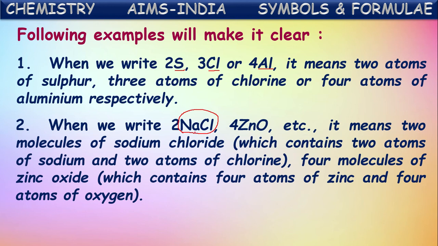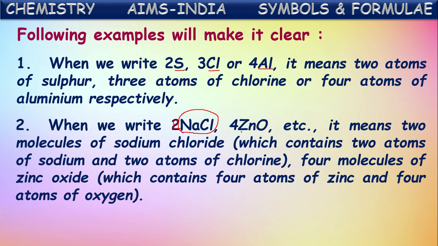Now we can say this is the chemical formula of sodium chloride. Before the formula of sodium chloride, 2 is written. This 2 represents two molecules of sodium chloride. Okay, and from this you can also say the total number of atoms: 2 atoms of sodium and 2 atoms of chlorine. Isn't it? See the next one.